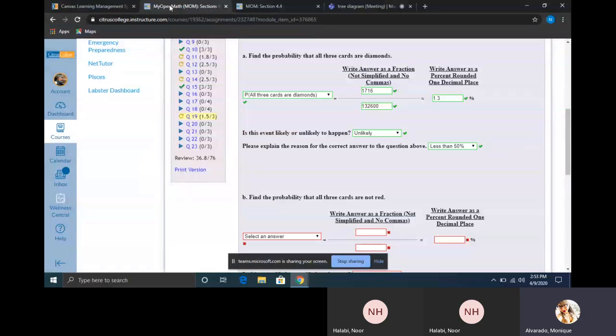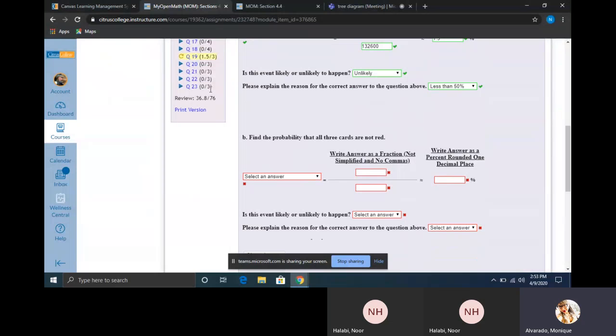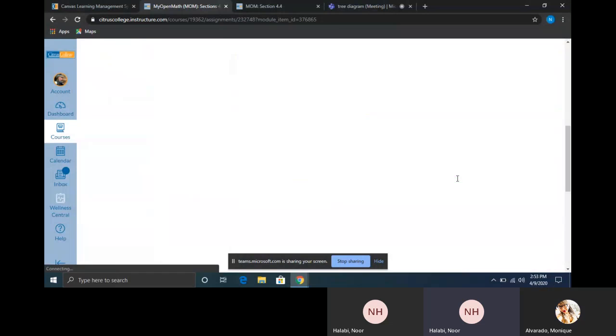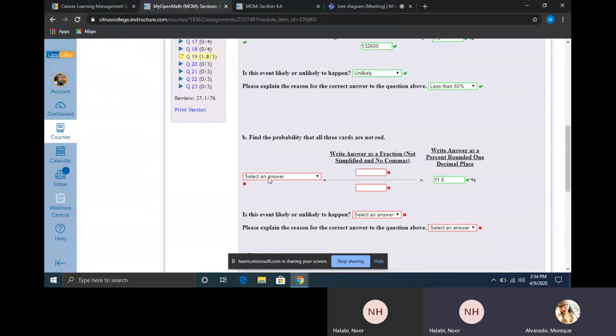Oh, wait, so I could multiply that by 100 to get a percentage. And then it says 11.76. The right answer is a percent rounded to one decimal place. So because there's a 6, it would become 11.8. Yes, 11.8. Perfect. You got it. You didn't put in the percent sign, but that's okay. You got everything.